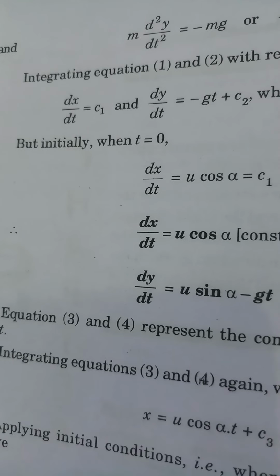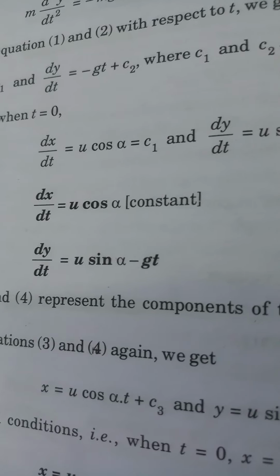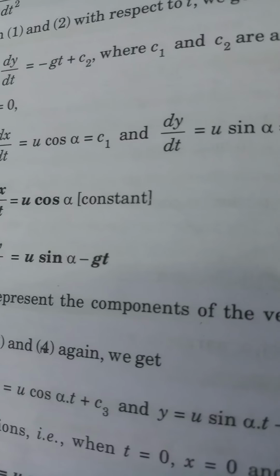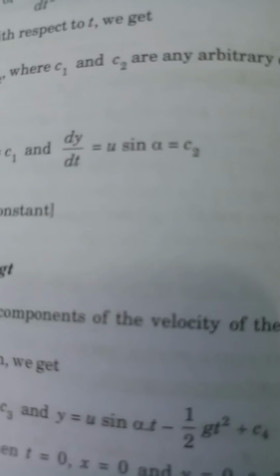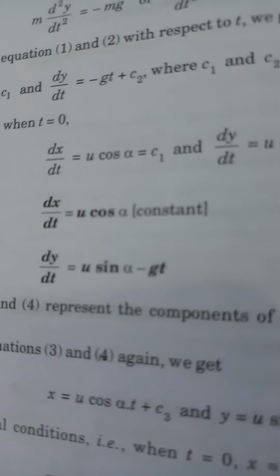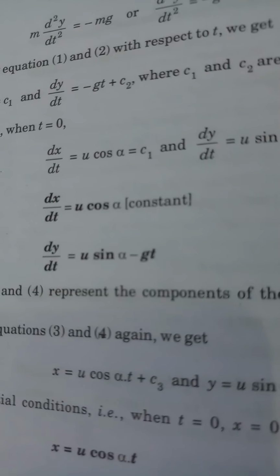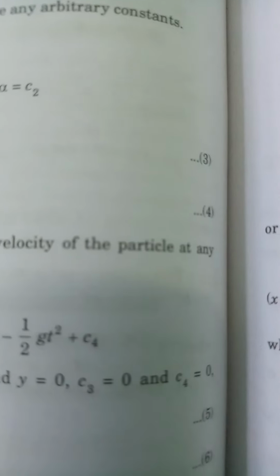Initially, when time t equals 0, dx/dt equals u cos alpha, so c1 equals u cos alpha, and dy/dt equals u sin alpha, so c2 equals u sin alpha. Therefore dx/dt equals u cos alpha, which is constant, and dy/dt equals u sin alpha minus gt. These are equations 3 and 4.